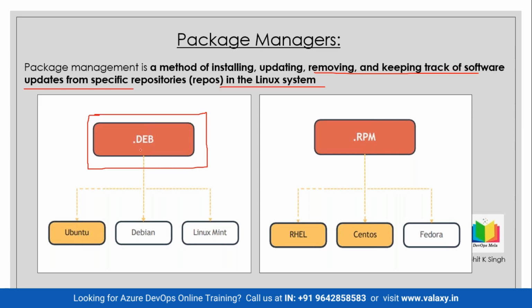This is the package format in Ubuntu, Debian, Linux Mint, and all Debian-related OSs. There are multiple OSs which belong to the Debian family, and they support .deb as the package extension. The other family is .rpm.